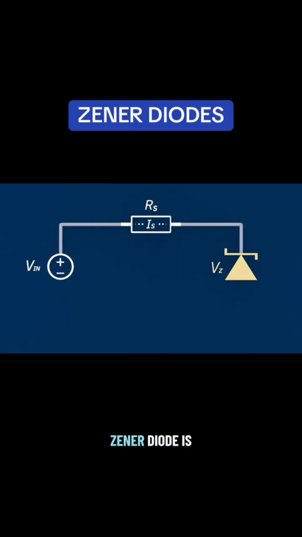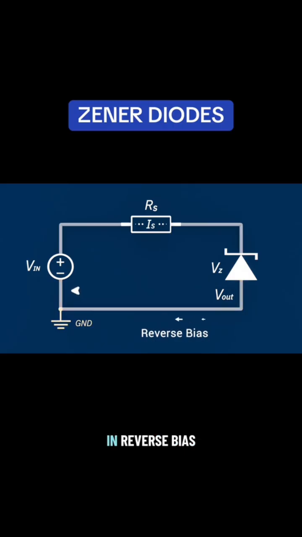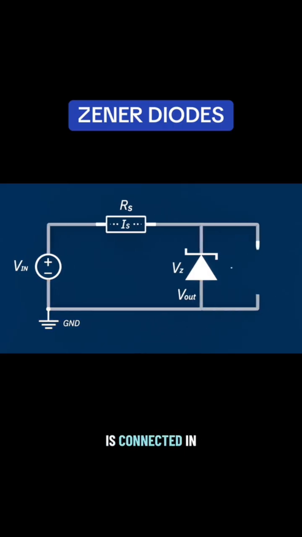The Zener diode is then connected from the output node to the ground in reverse bias, and the load is connected in parallel with the Zener diode. The regulated output is taken directly across the Zener diode. When the Zener diode is operating in its breakdown region, the output voltage is approximately equal to the Zener voltage. So we can say Vout roughly equals Vz.